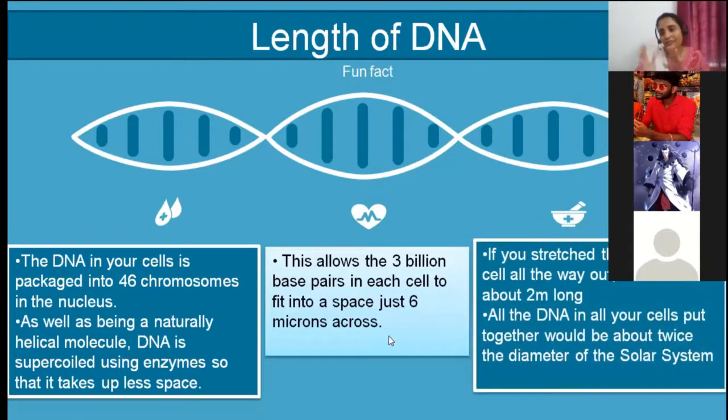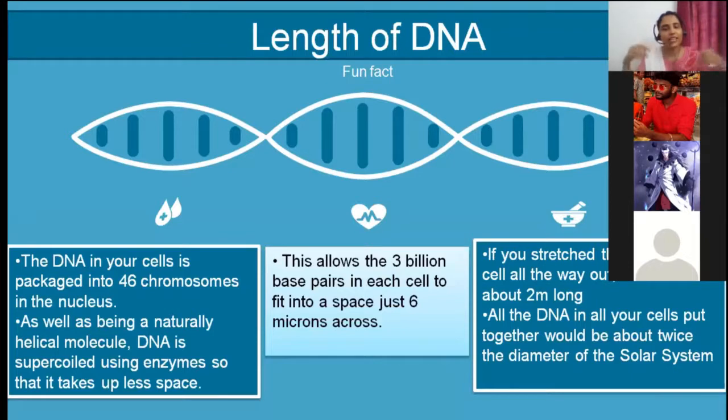Now, the fun fact is, if you took a cell from your body and took out the DNA from it, you cannot see it, just imagine. You take out the DNA and stretch it out. You know how long it will be? It will be 2 meters long, more than our height. So from one cell, if you take the DNA and stretch it out, it will be 2 meters long.